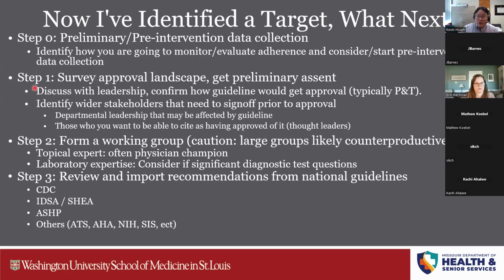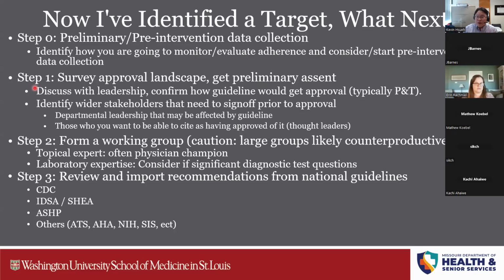Step one after that, after you've identified your target, is to survey the approval landscape and get preliminary assent for you actually doing this. You generally don't want to surprise people about the development of a guideline, because that's an easy way to get automatic defensive no's. What you want to do is get people aware that it's happening, get their tacit assent for your activity before you go too far.